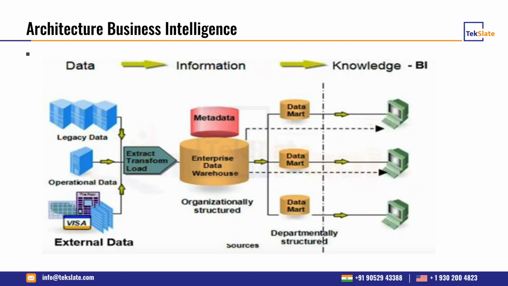At the same time, a second type of operation is there. That operation is extract, load, and transform. When we use ETL, it extracts the information from our local databases.